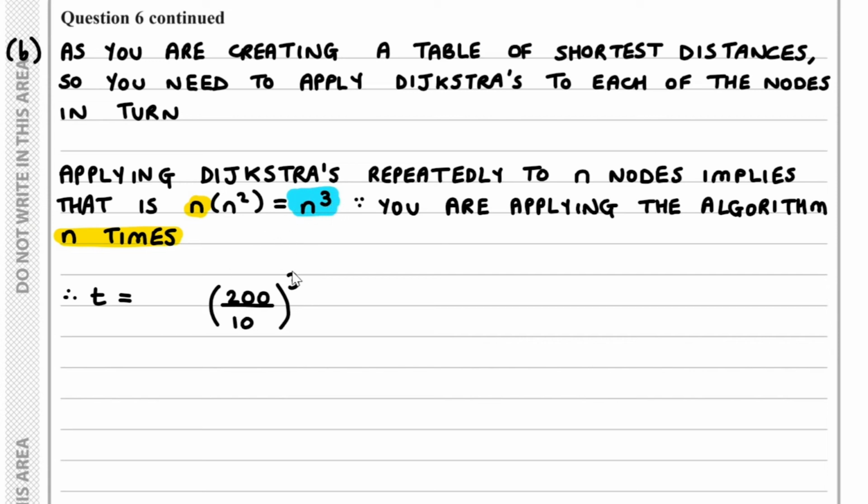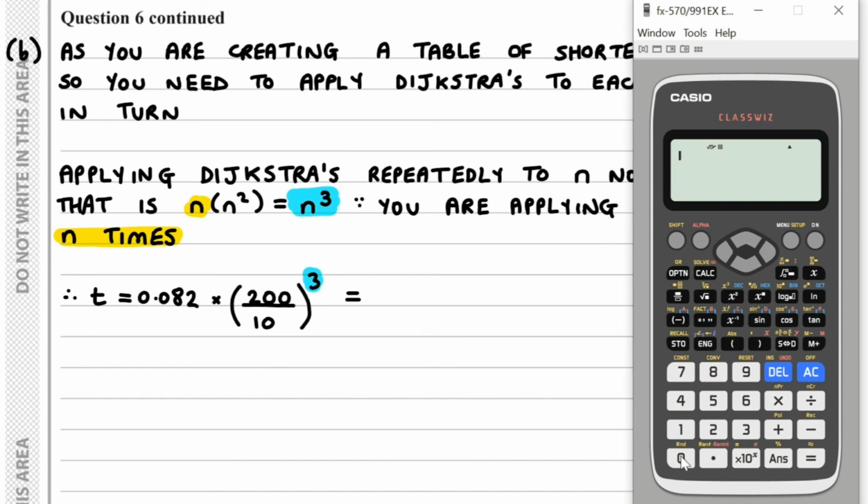Okay, so that's why we cube that, and then we multiply this by 0.082. So if I calculate what this is, we have 0.082 multiplied by 200 over 10 cubed. So we get 656 seconds.